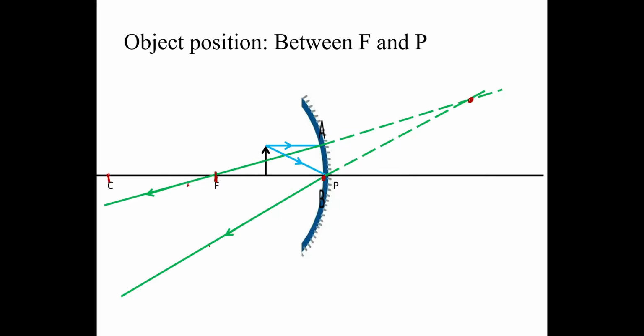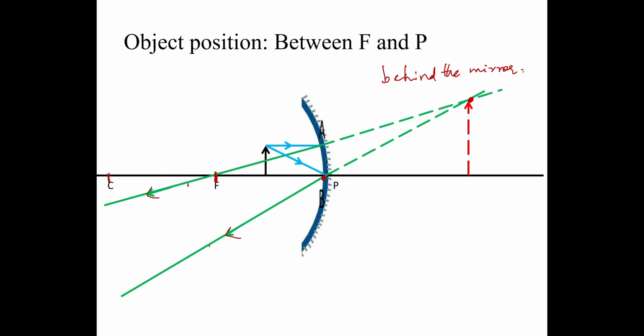From this point they are going away, spreading out. From this point, this ray is also spreading out. So you will get your image at this point. So this image is formed behind the mirror. You are getting your image behind the mirror.